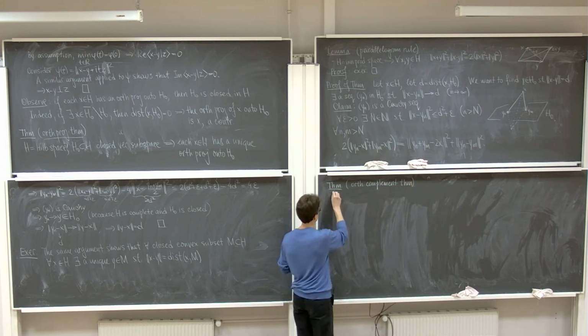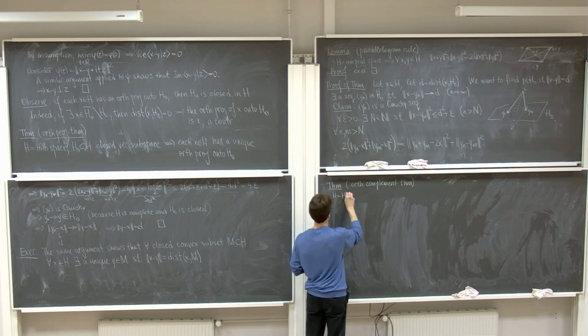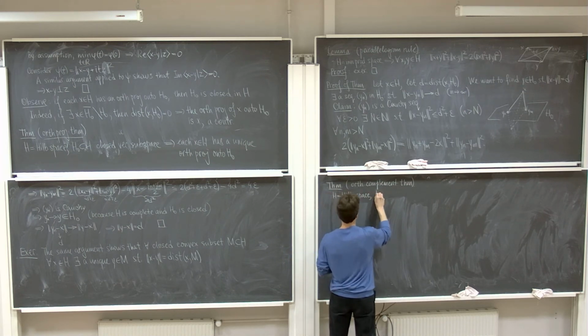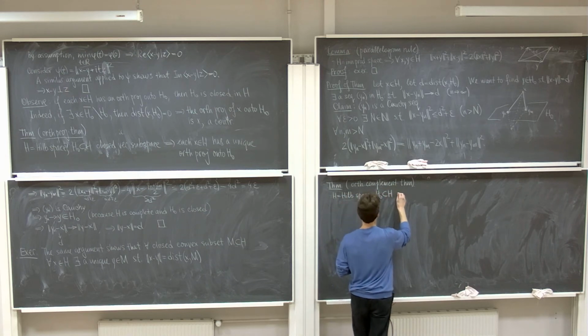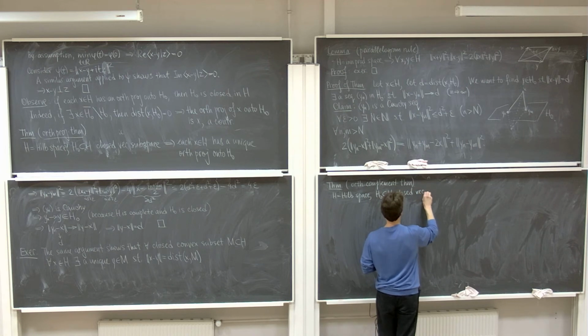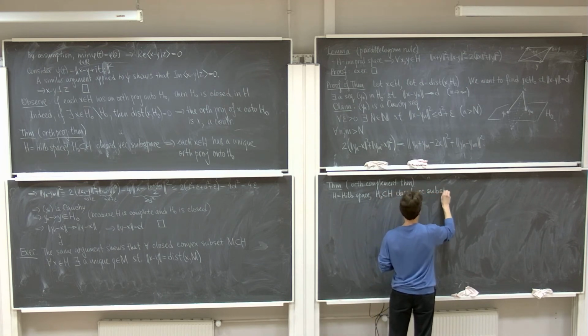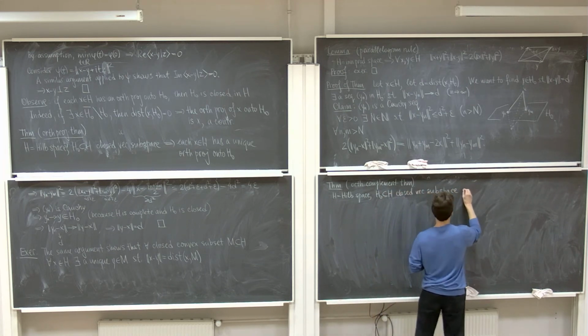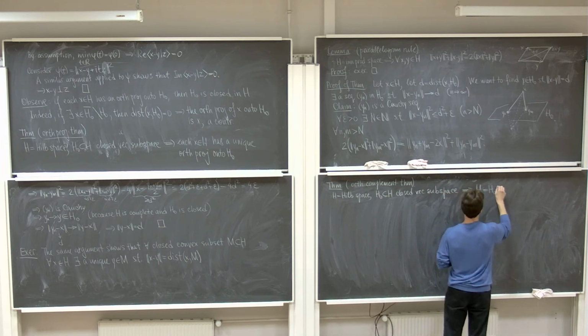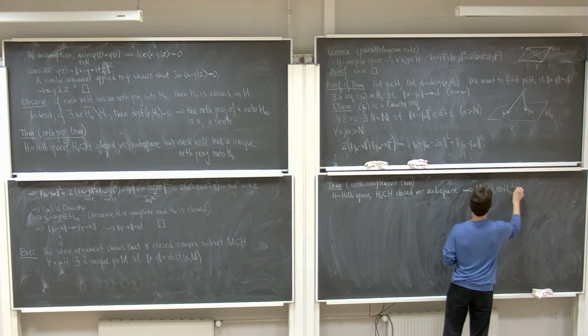If H is a Hilbert space and H0 is a closed vector subspace of H, then we have the following direct sum decomposition: H equals H0 plus H0 orthogonal.